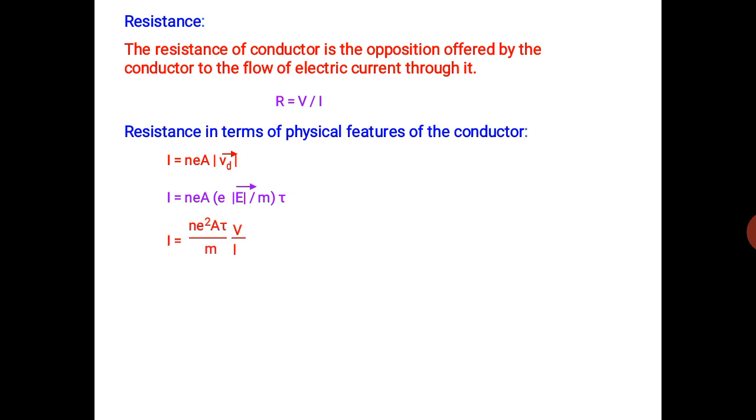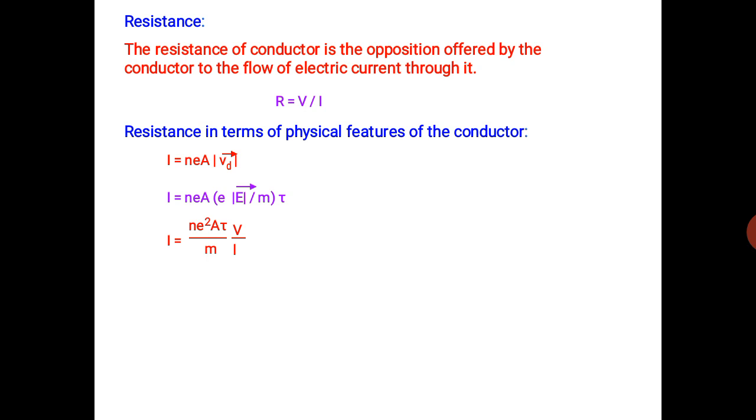So now we can write the electric current as n e square A tau upon m, times the electric field, and this electric field we can write as potential difference per unit length.